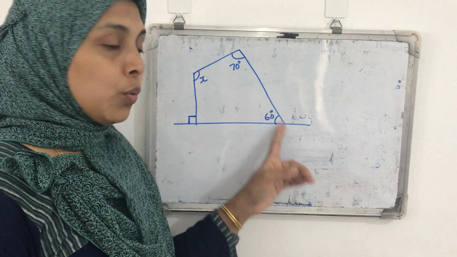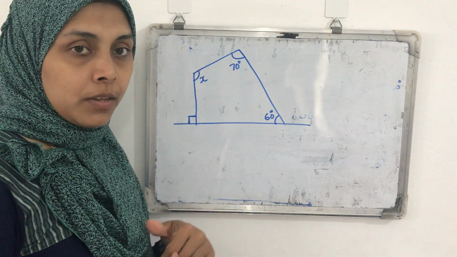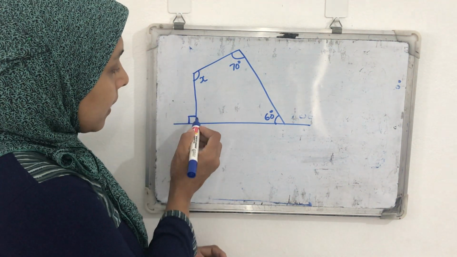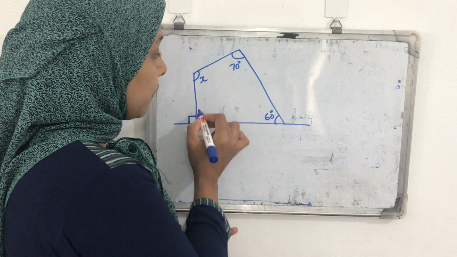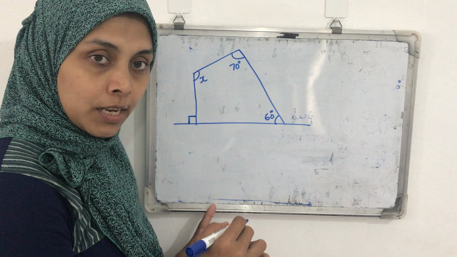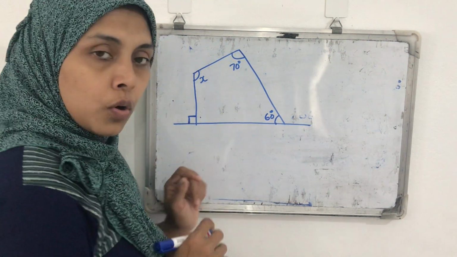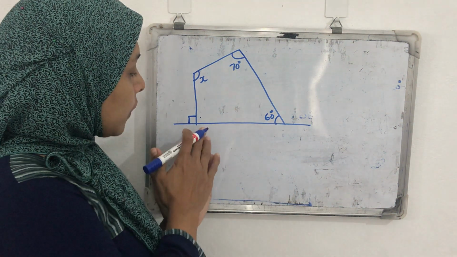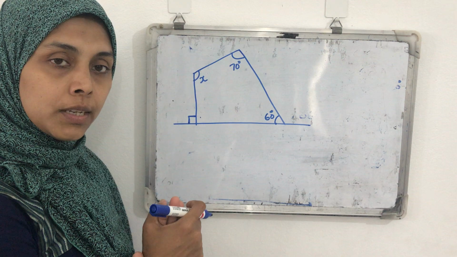So only 2 angles are given, and we want to find the unknown angle x. If we know this angle, then we can find the value of x, because the sum of these 4 angles is 360 degrees. But this angle is not given. So is there any method to find this angle?